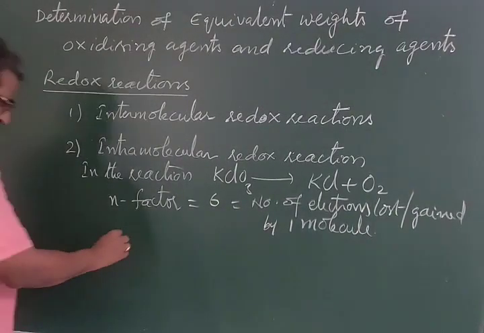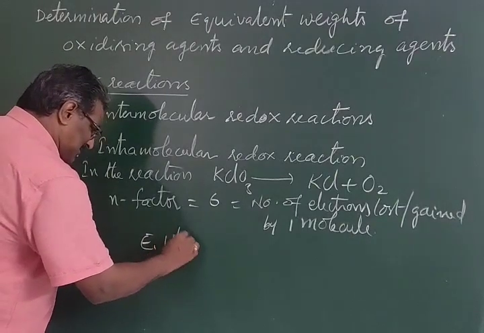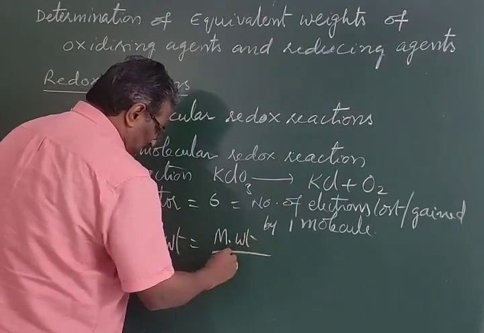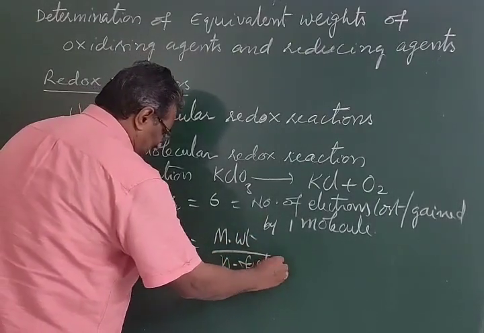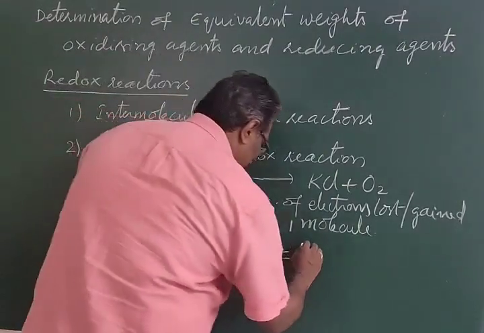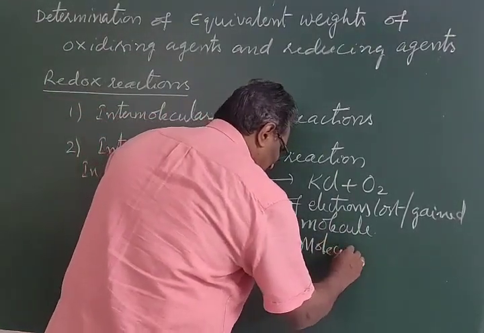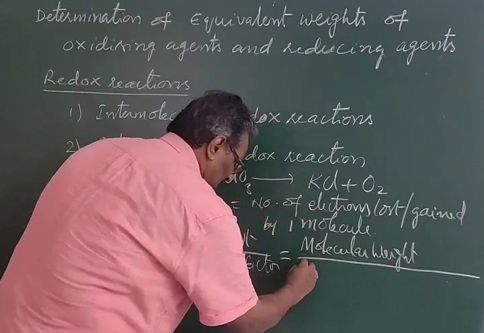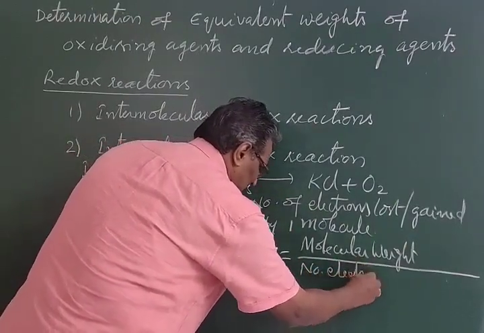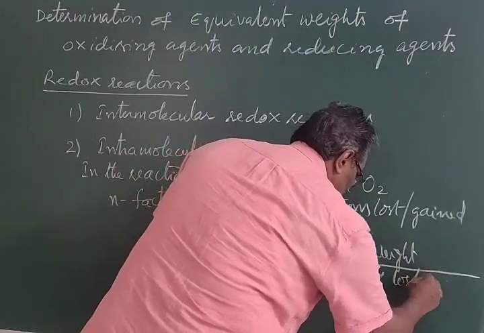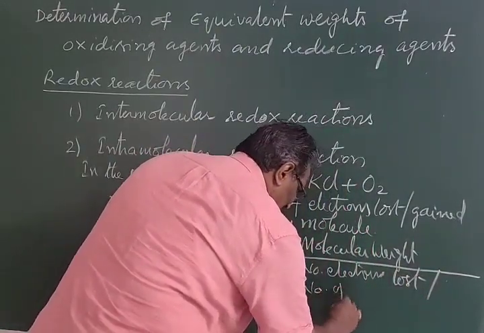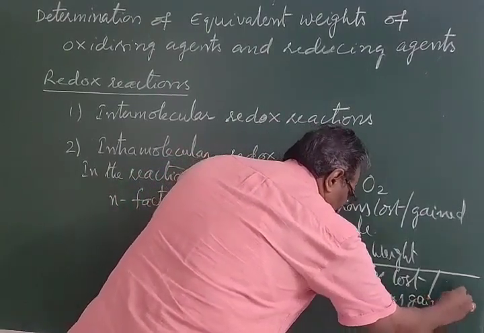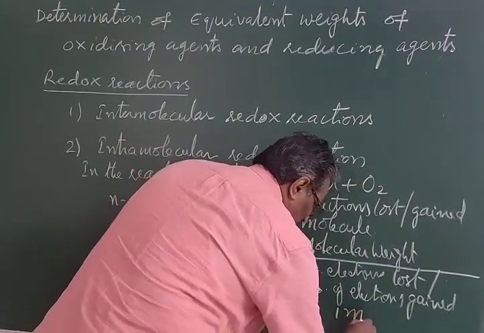If the N factor is found, equivalent weight is equal to molecular weight divided by N factor. That is molecular weight divided by either the number of electrons lost or the number of electrons gained by one molecule.